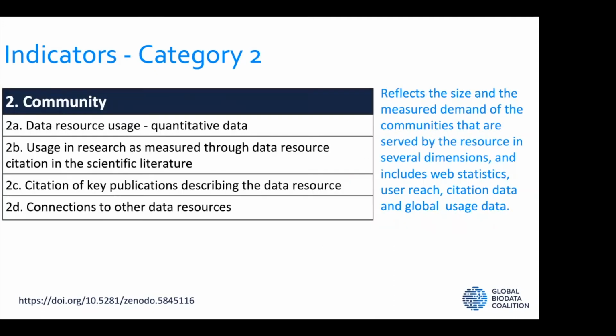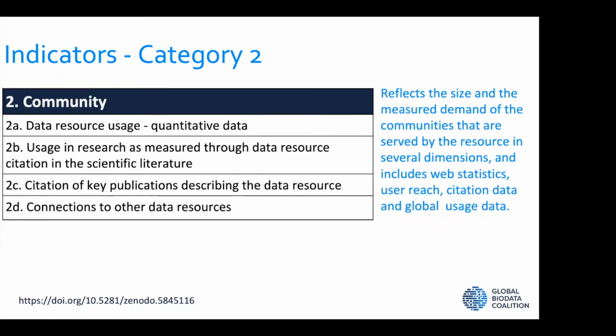The second category, community, has subcategories that deal with usage stats. So that's quantitative data: number of users, number of visits, number of hits. There is also, in another dimension, community measured by who cites the data resource, either via its name or via its unique identifier pattern.